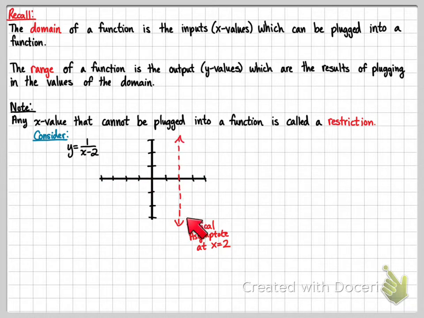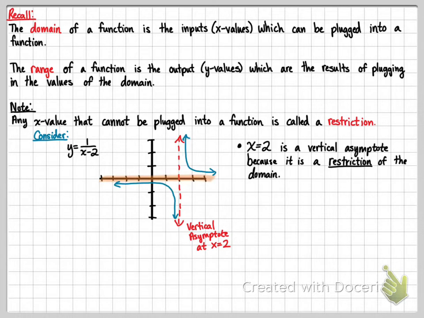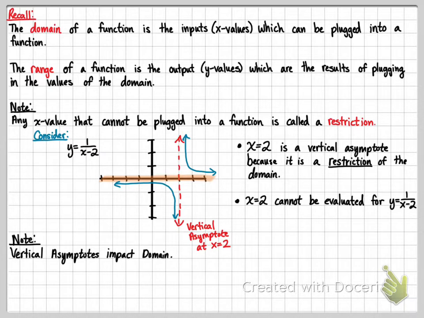And so this is also where we have our vertical asymptote at x equals 2. So x equals 2 is a vertical asymptote because it is a restriction of the domain. If I plug 2 into here, 2 minus 2 is 0, and the denominator equals 0, and we can't have that. Whatever makes the denominator equal 0 is called a restriction. x equals 2 cannot be evaluated for y equals 1 over x minus 2.